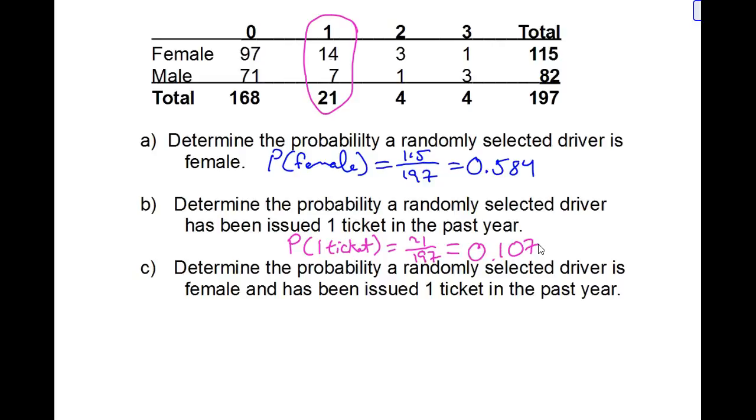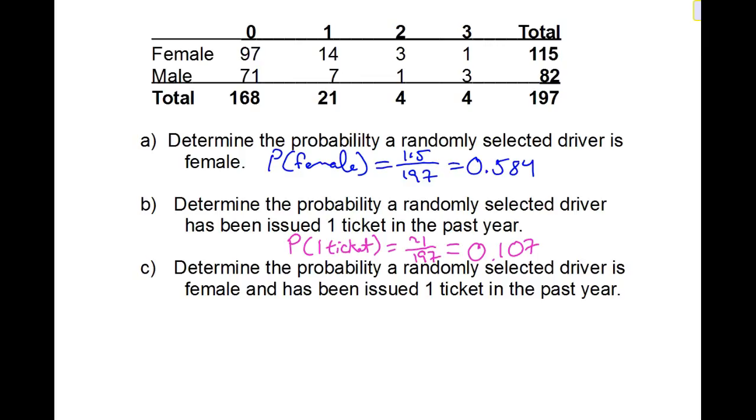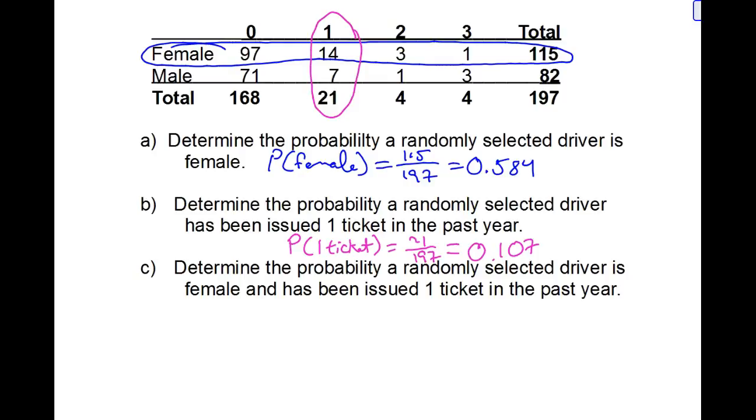Now the last one asks to determine the probability that a randomly selected driver is female and has been issued 1 ticket in the past year. So this one's a little bit different because we're wanting to look at that they are female and that they have been given 1 ticket in the past year.